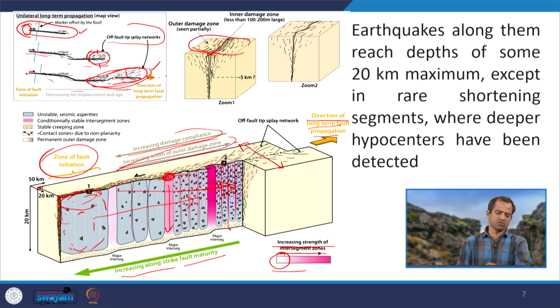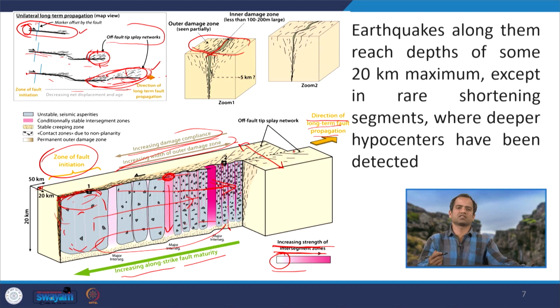So, from the initiation zone toward the propagation zone, the intersegment zone's strength is increasing. Similarly, if you move from top to bottom, the strength is decreasing. So, this is the general characteristics or anatomy of the continental lithospheric system around a continental transform fault.